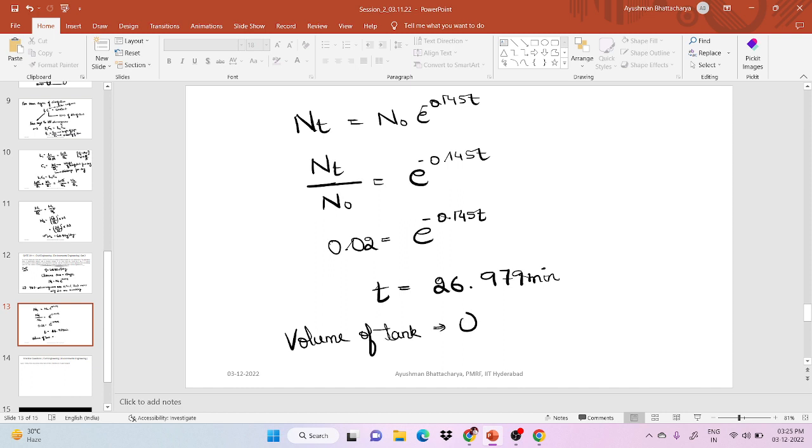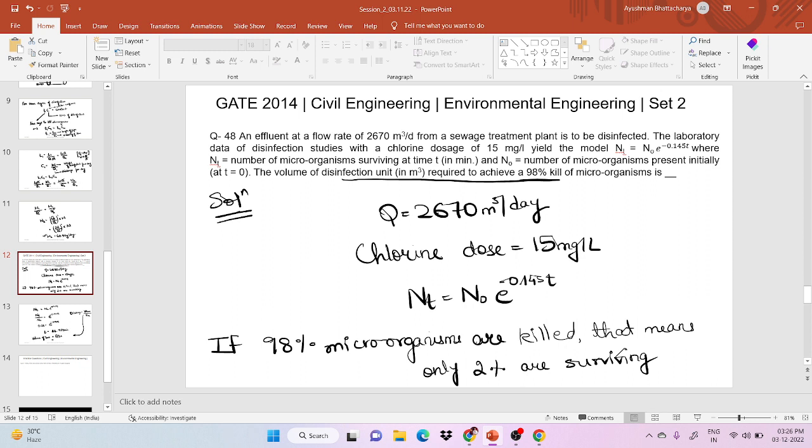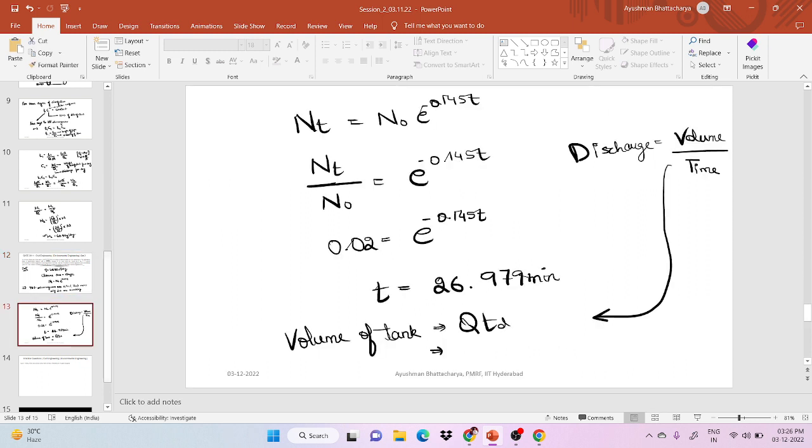And we know the volume of the tank is, from discharge equals volume by time, so for calculating the volume we can write it as discharge into time. So this is what I wrote here. The discharge is 2670 meter cube per day.